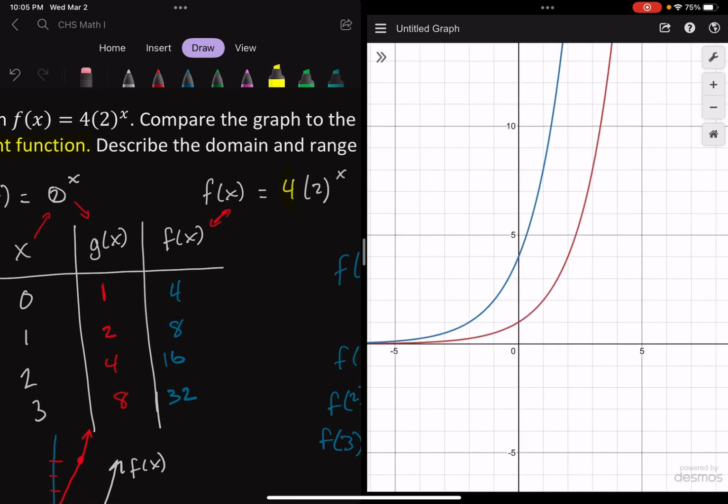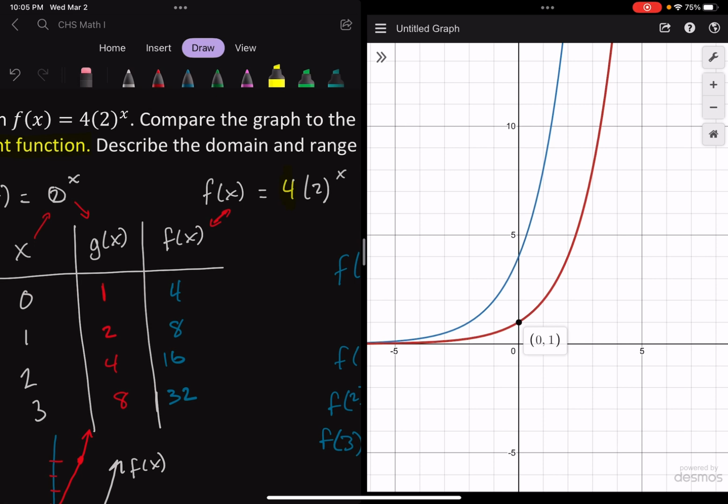My y-intercept for the blue line is much higher at 4 versus 1 for the red line. And we're increasing at the same rate, because we're doubling every time. When x is 1, we're at 8. But we went from 4 to 8, so we're doubling.